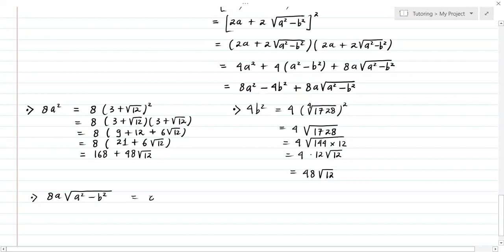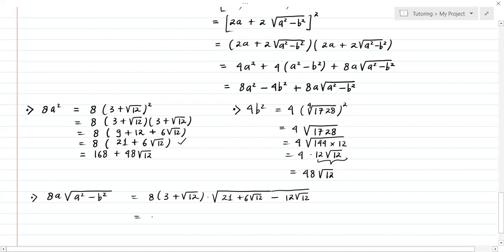So here we have 8 multiplied with 3 plus root of 12, and then multiply with the root of the value of A squared, which is 21 plus 6 root of 12, and then minus the value of B squared, which is 12 root of 12.